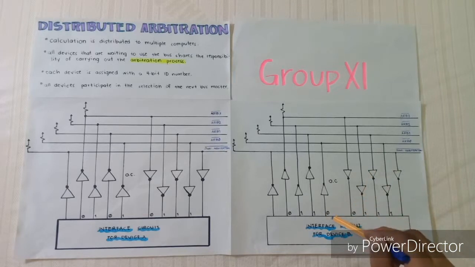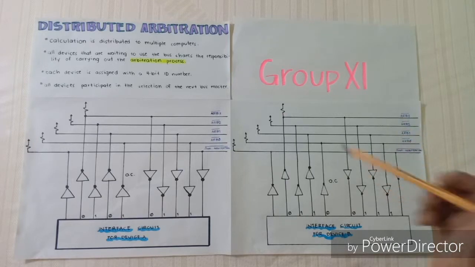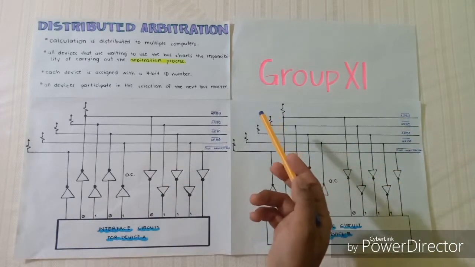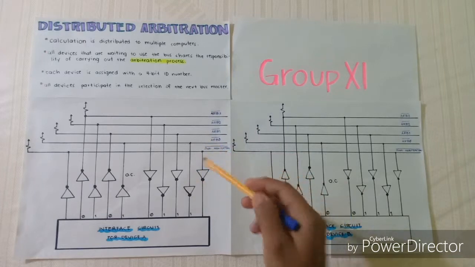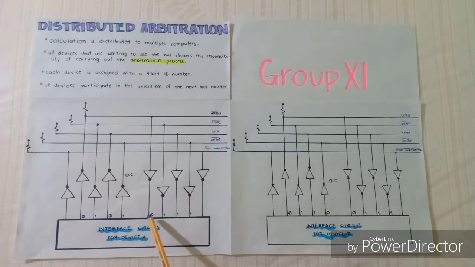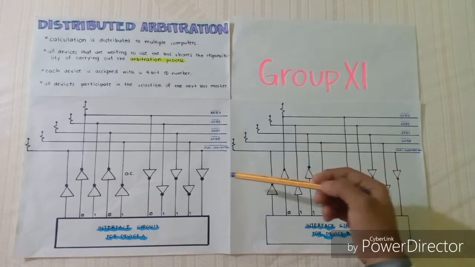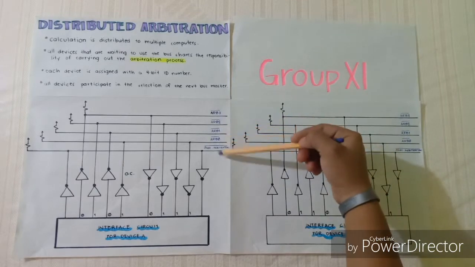And it transmits the pattern 0, 1, 1, 0 on the arbitration lines. The pattern that appears on the arbitration lines is the logical OR of the patterns. And the pattern is 0, 1, 1, 1.